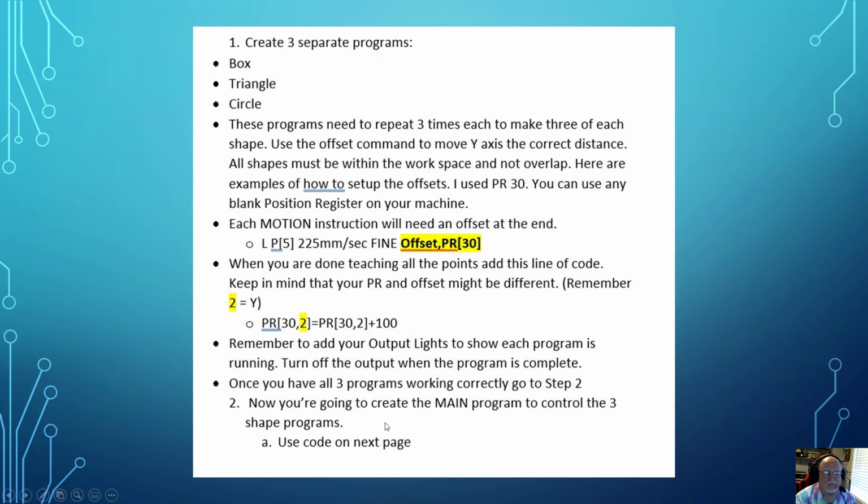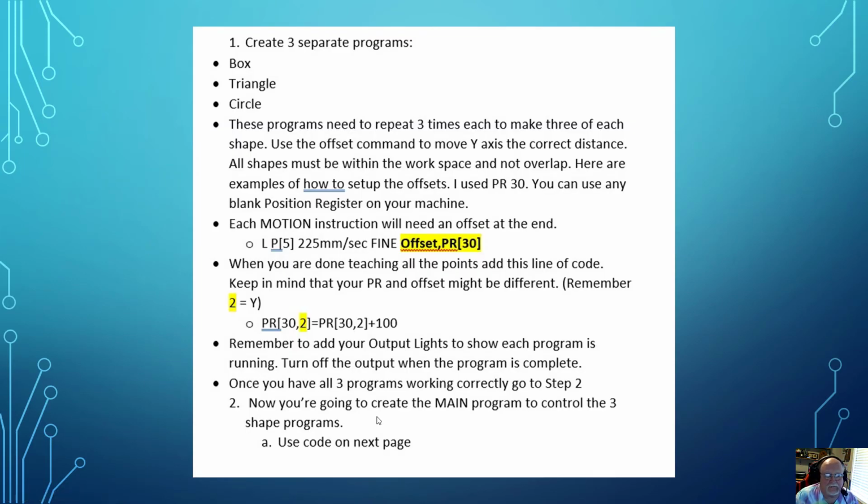Step 2 is you're going to create the main program to control the 3 shape programs. I noticed when we were doing the labs that a lot of you, by the time you got here, were pretty much frustrated and exhausted. So I've tried to help you with that a little bit.